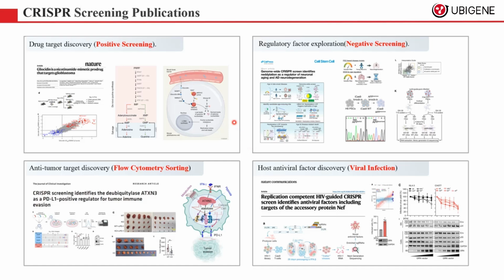There are also studies that use flow cytometry sorting to identify anti-tumor genes, or apply viral infection pressure to screen for host genes related to antiviral response. To sum up, CRISPR screening is such a powerful tool that its use is just going to keep growing and spreading to more and more areas.